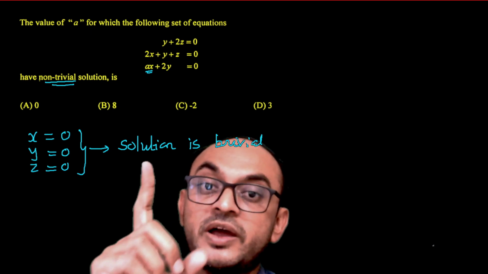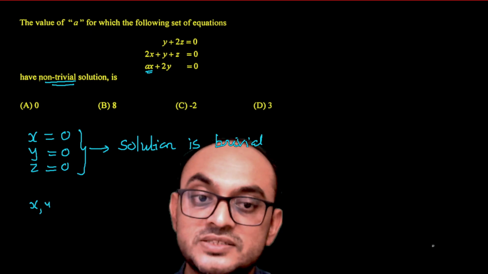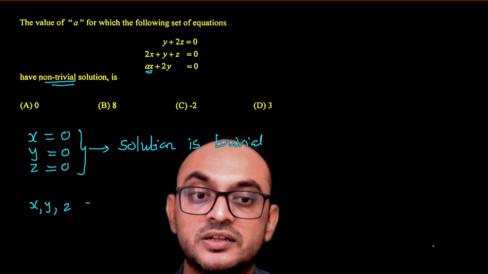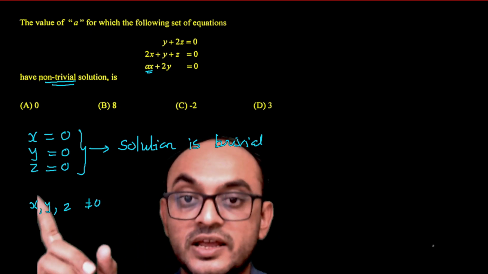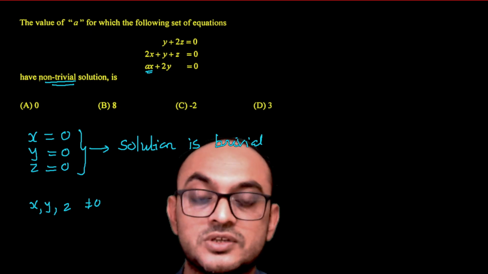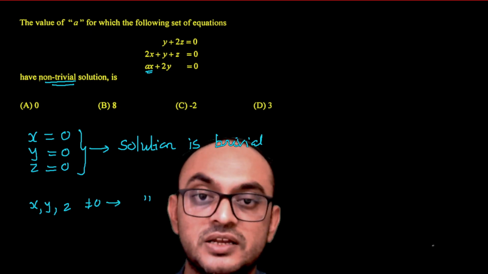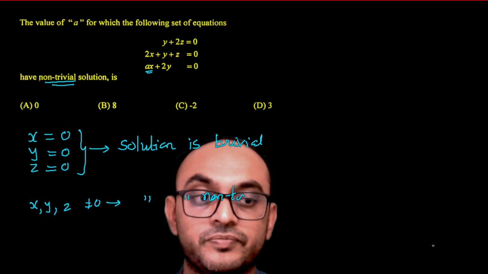Now what do we mean by a non-trivial solution? Any one of these x, y and z is non-zero. Either x is non-zero or y is non-zero or z is non-zero. Then we can say that the solution is non-trivial.